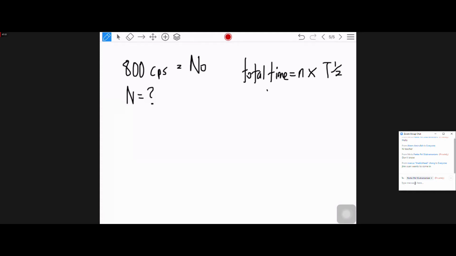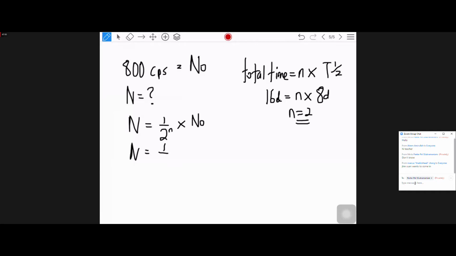The total time is 16 days, and each half-life is 8 days, so the half-life occurred 2 times. The formula says N equals 1 over 2 to the power of n times N0. So N equals 1 over 2 squared times the initial amount 800. So N equals 800 divided by 4, which is 200.